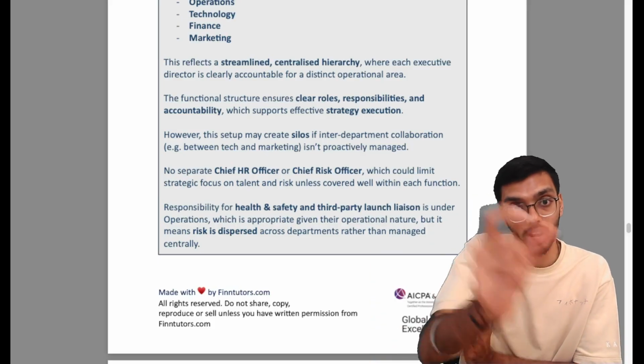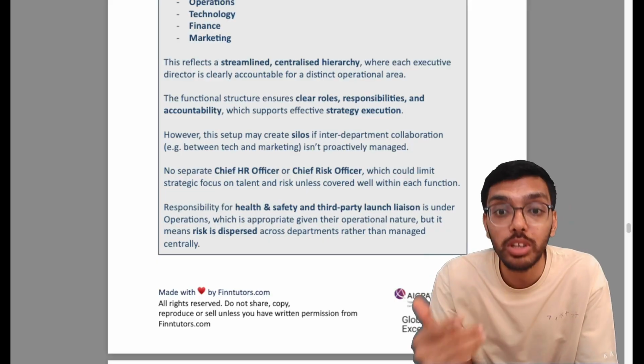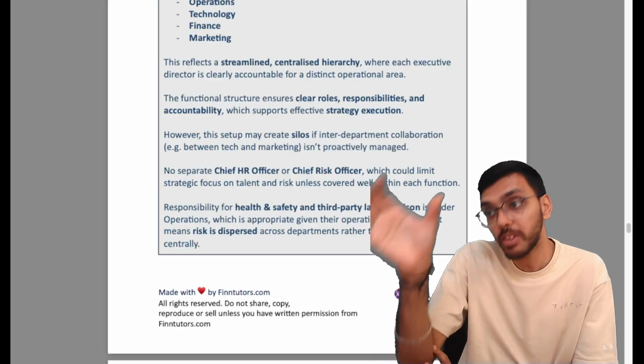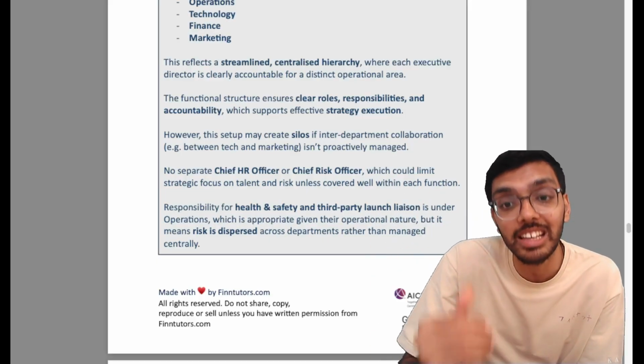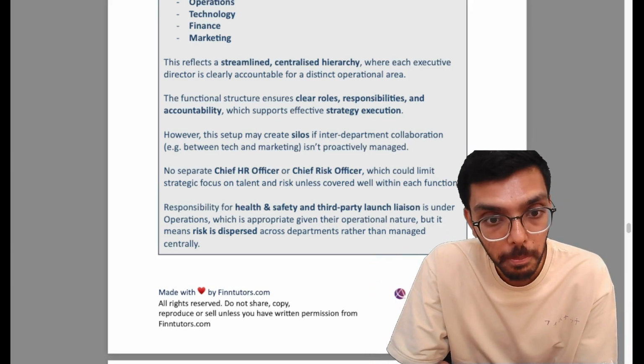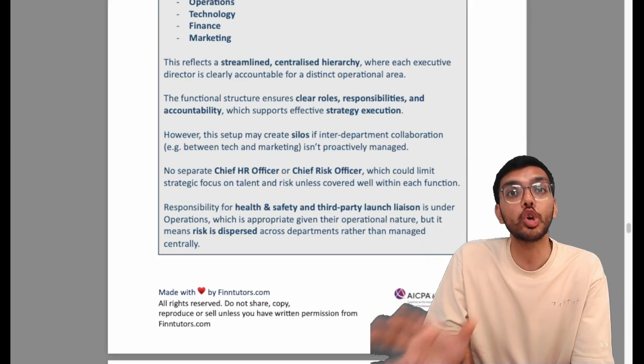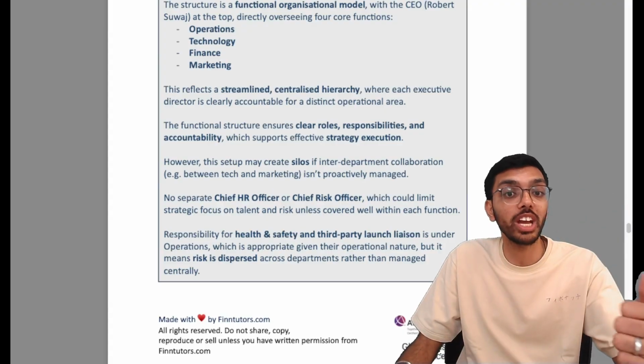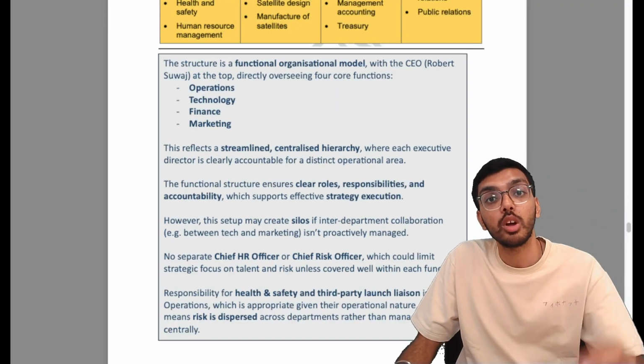Every function is responsible for their own risk rather than having one risk department that will finally be accountable. So this is what I saw from this structure, that no HR officer, no risk department was found.